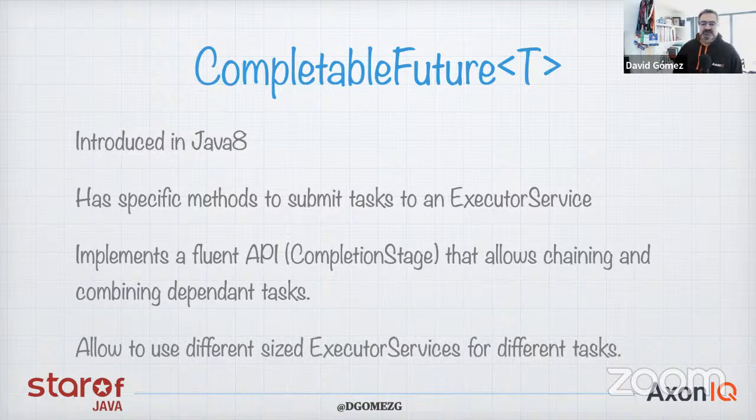There's also another fine thing that Completable Future allows us to do, which is to size the Executor Services differently, the thread pools, the number of worker threads that we are using under the hood.